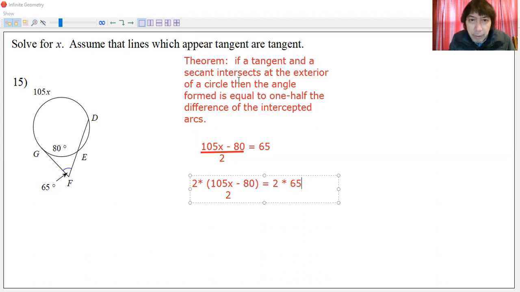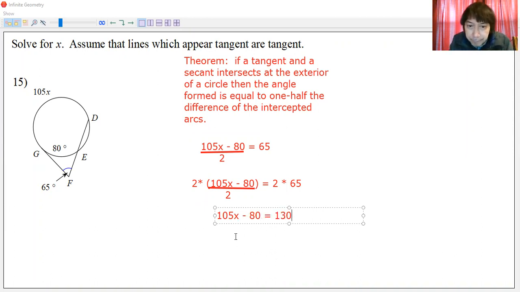It's just multiplying the first line by 2. So we have 105x minus 80 is equal to 130.